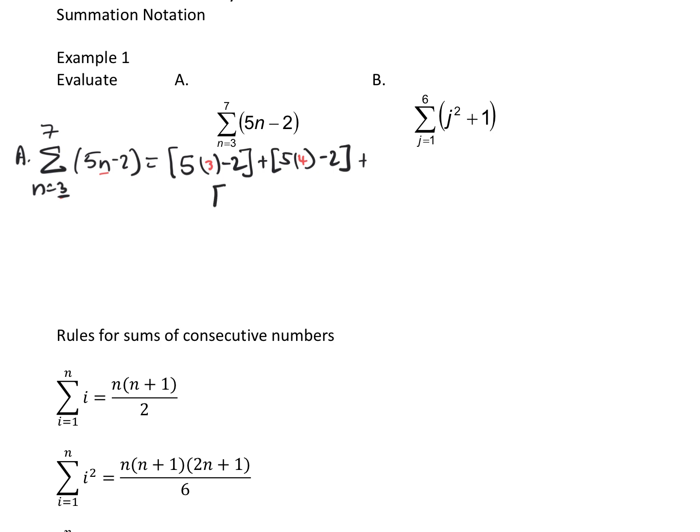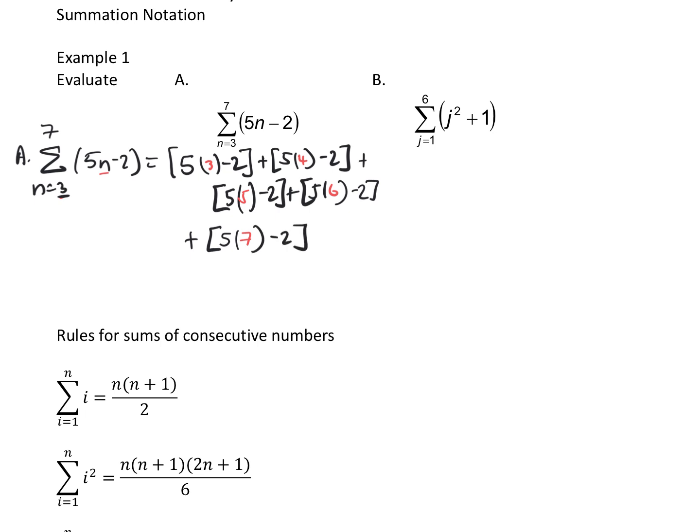plus, and I'm going to go down here a little bit, 5 times 5 minus 2 plus 5 times now 6 minus 2, and lastly plus 5 times 7 minus 2.